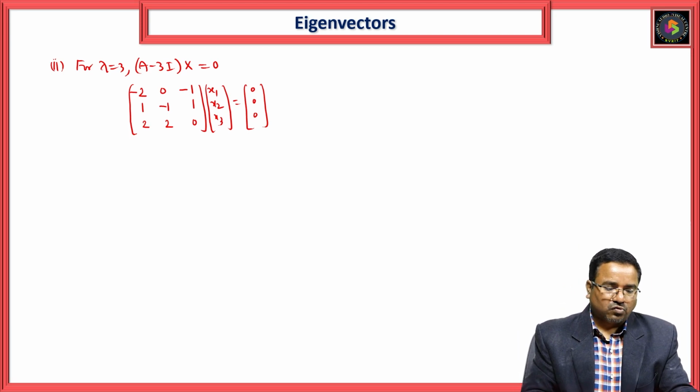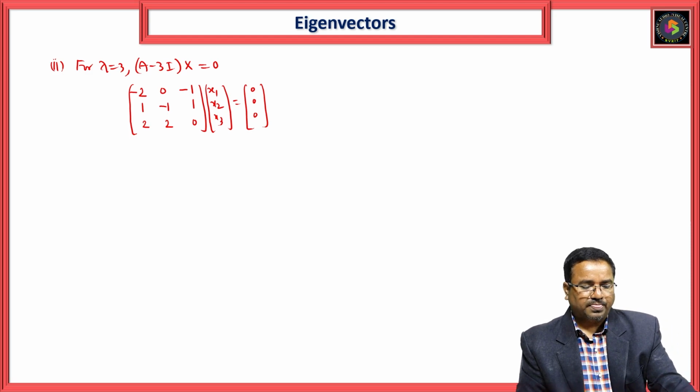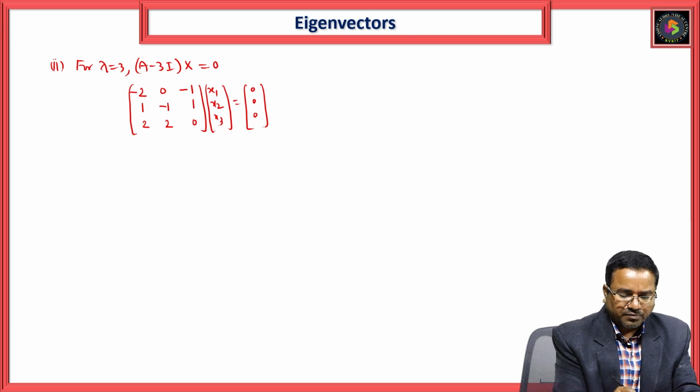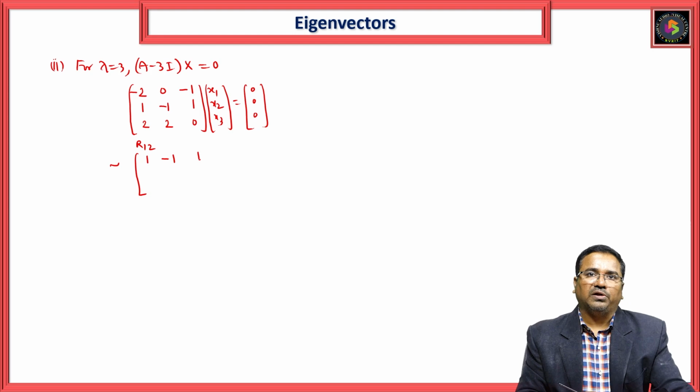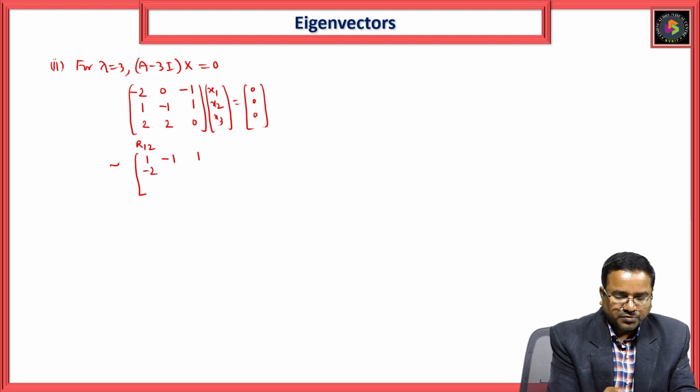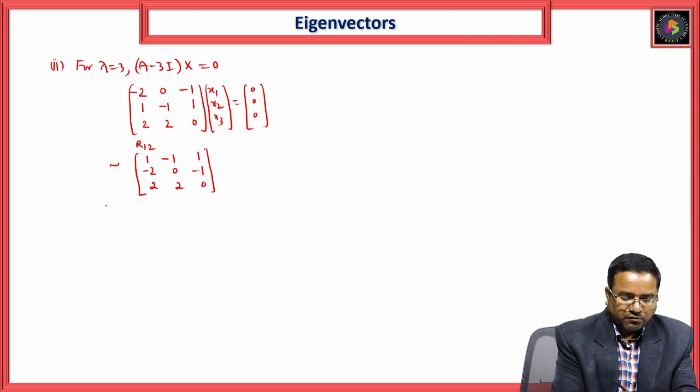One hint: if you make the key element 1, the process becomes easy, because we can easily make the entries below it zero. So I am interchanging the first and second rows: minus 2, 0, minus 1, 2, 2, 0.